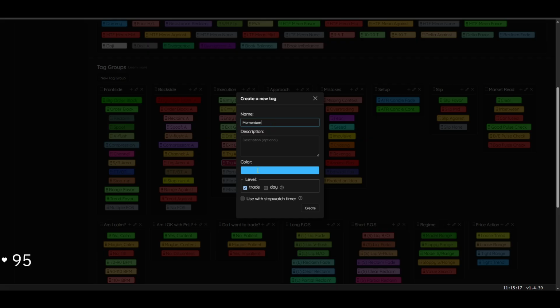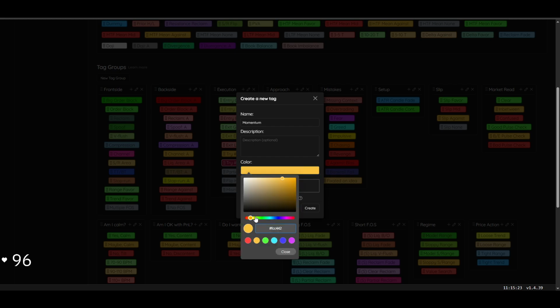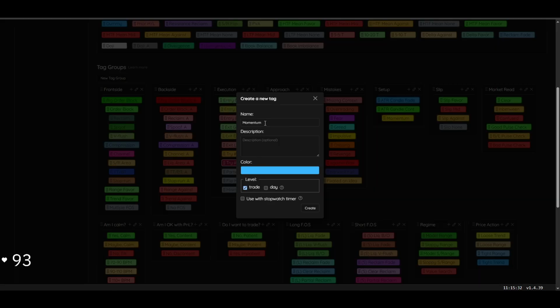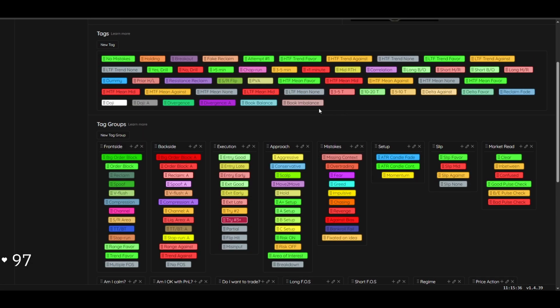Momentum. Do I have a tag for mean reversion? I'm pretty sure I do.